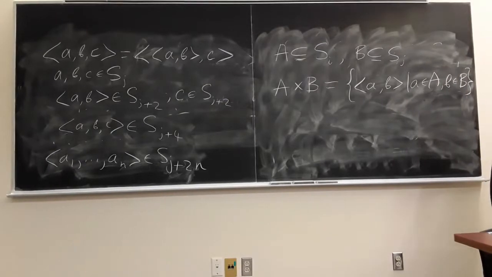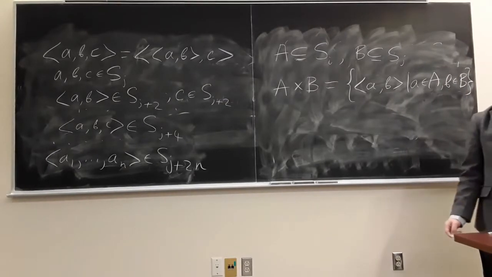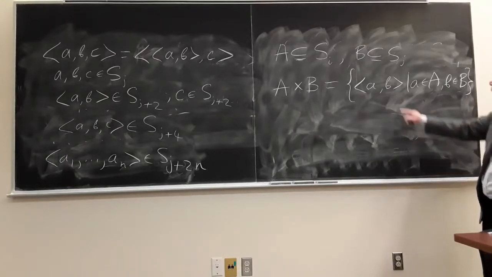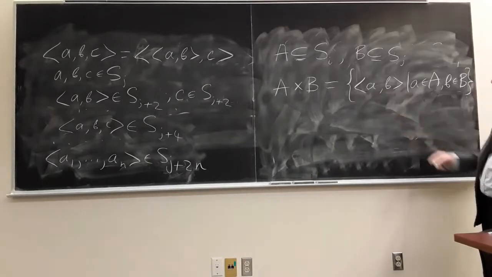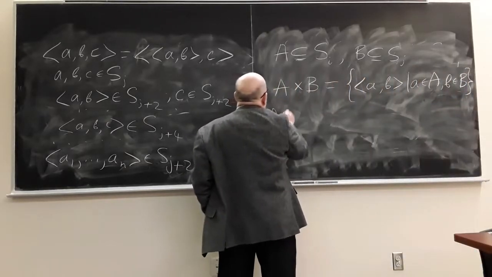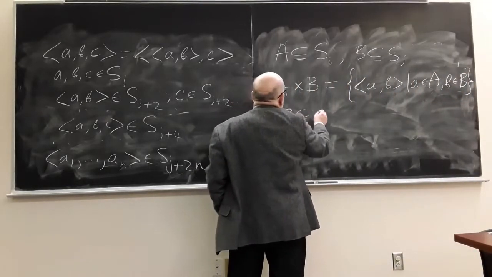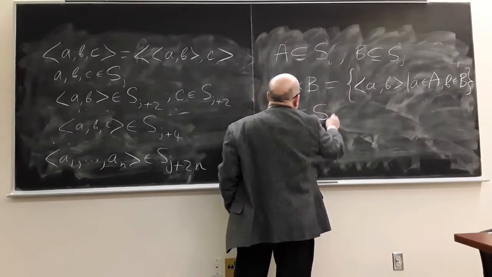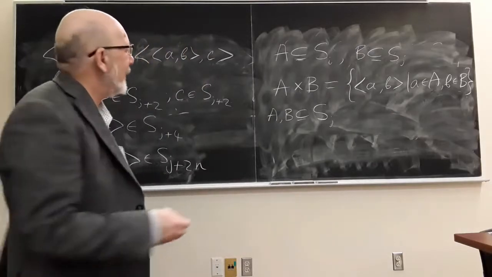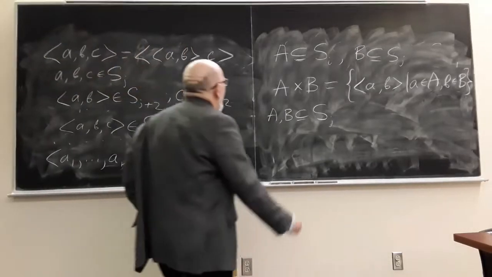It is the Cartesian product, but now let us see where does it sit? So each (a, b) is an element of, I again assume that A and B are subsets of, say, Sj, where j is the maximum of i and j.